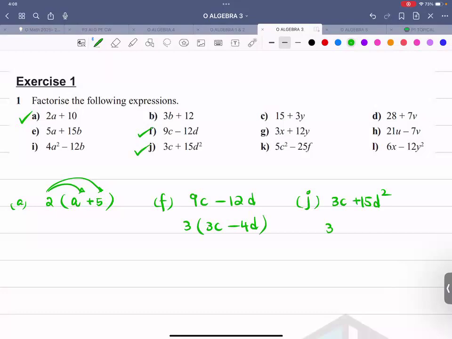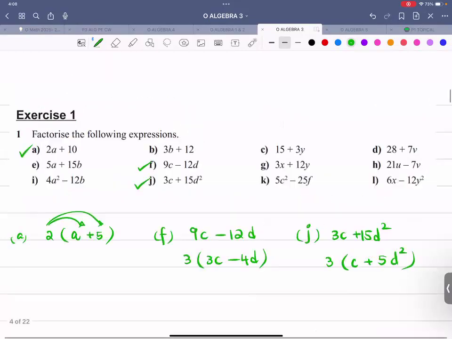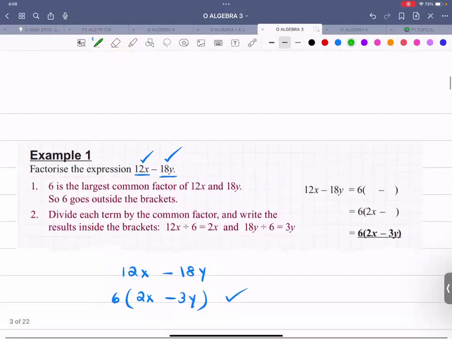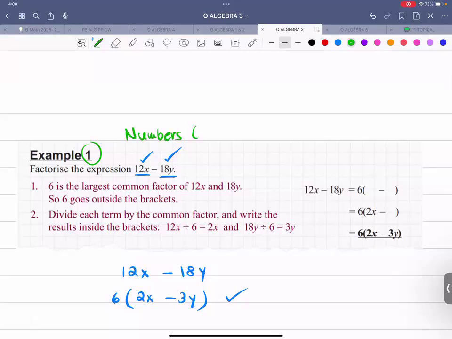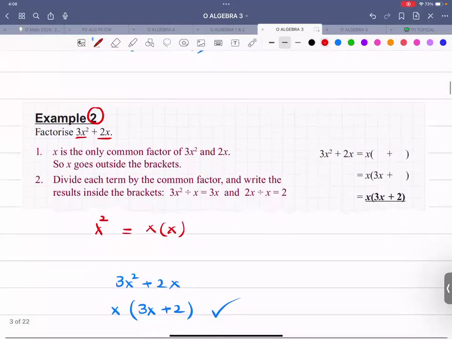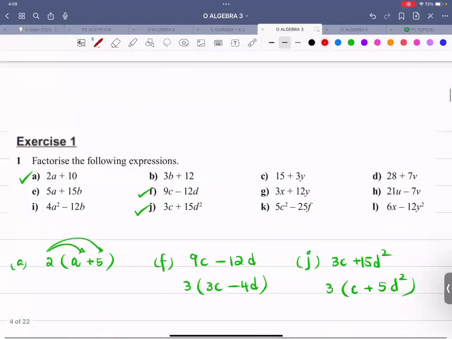I can take 3 common out. So this is c plus 5d squared. That is the answer. And this exercise 1 is basically like example 1. So we are taking numbers common, and exercise 2 probably would be taking variables common. So that is the basic theme that we are following.